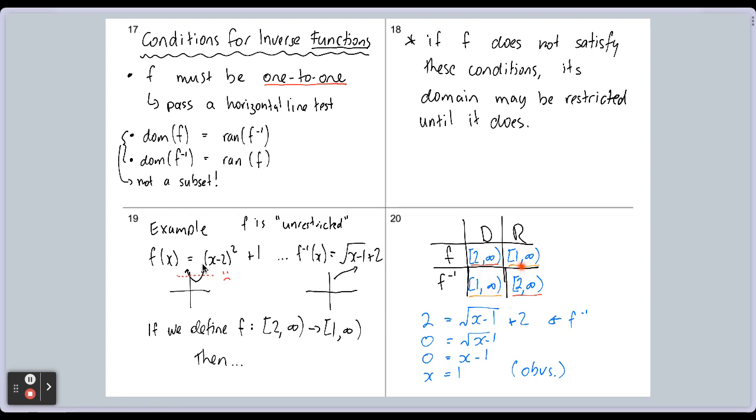As long as I've defined my range really carefully and haven't just put an R there for all real numbers, as long as my range precisely describes what f is mapping to, then these two are going to have to match. They have to. Okay? So these two match, and so that's the function that will map to my inverse function.